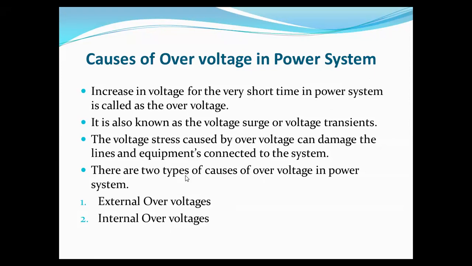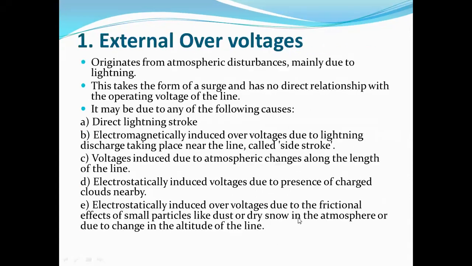Then what is meant by external over voltages, and what are the internal over voltages? External, so whatever you told, that is the lightning stroke and insulation failure, these are the external over voltages. Okay, means these causes are external. So first we'll see the external over voltages.